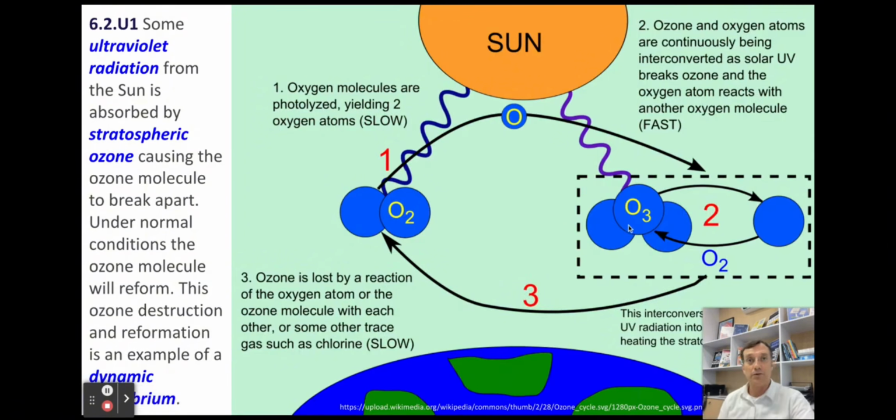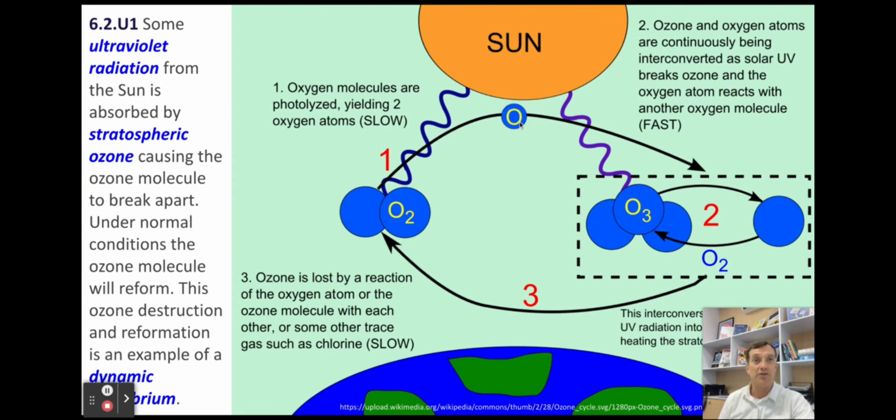Ozone is a molecule made of 3 oxygen atoms. Most of the ozone in the stratosphere protects us from harmful ultraviolet radiation from the sun. It's formed because it begins with diatomic oxygen molecules, O2, and they are split by hard ultraviolet rays into 2 individual oxygen atoms.